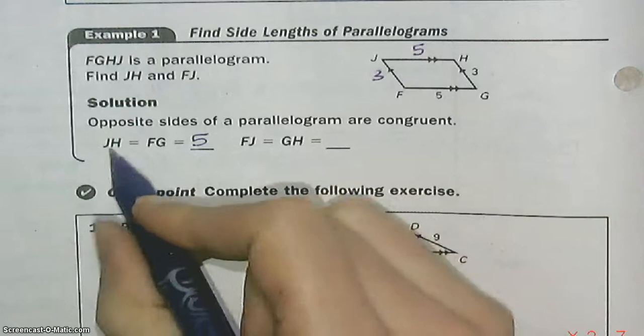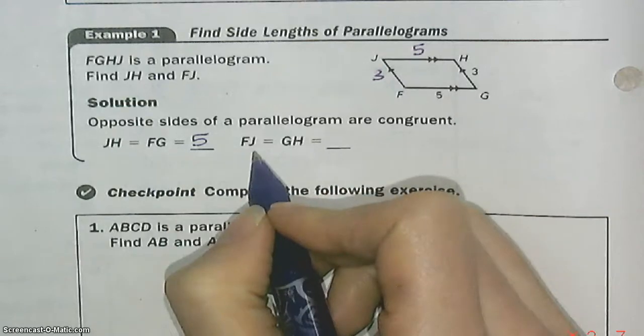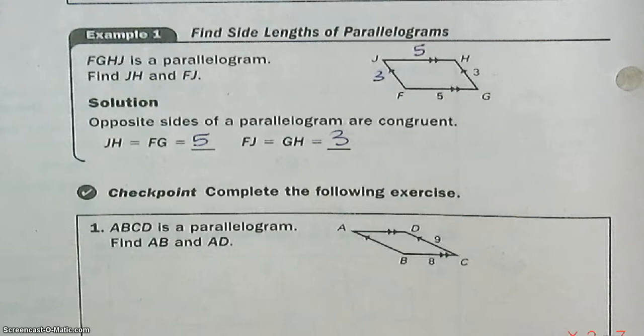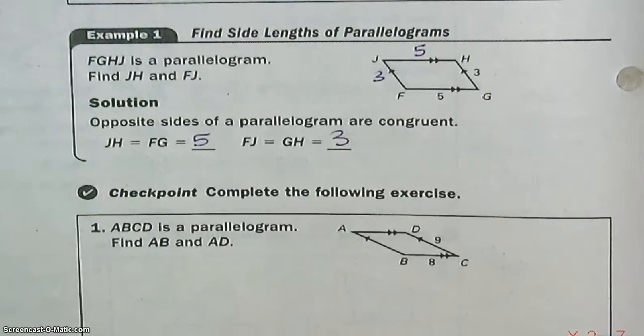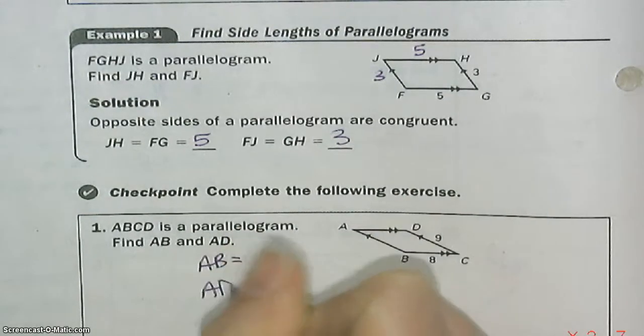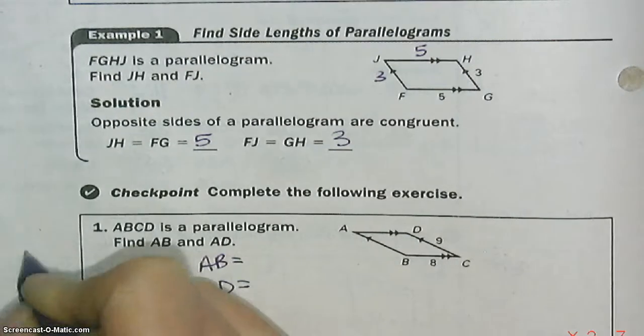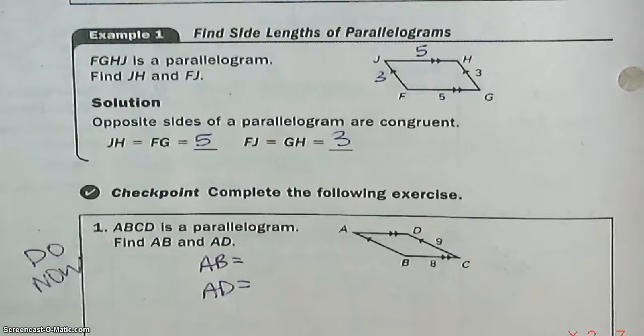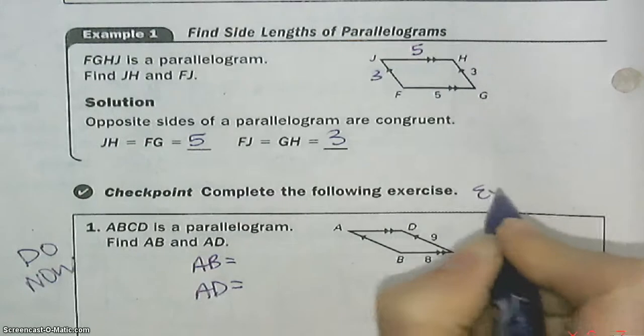JH is 5, and GH is 3. All right, down here I want you to find a B and a D. Do this now. This is just like example 1.